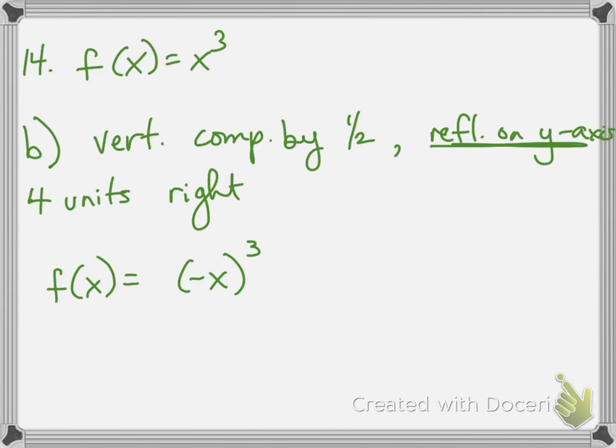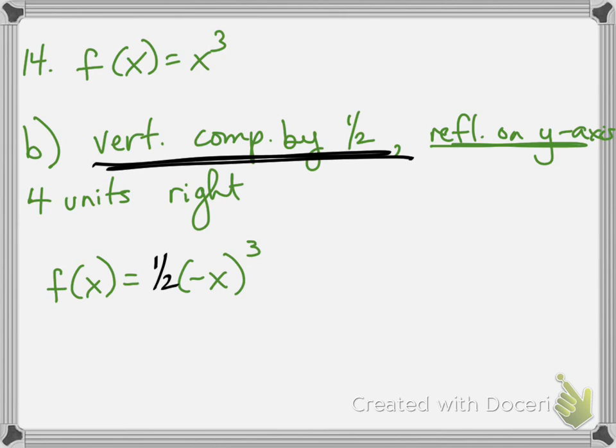I'm going to erase some stuff, but this is my thinking. Next is my compression. So next I'm looking for those vertical and horizontal stretches and compressions. So we have a vertical compression by a half. Vertical is exactly what it sounds like, so it's a half out here. And then we have 4 units to the right.